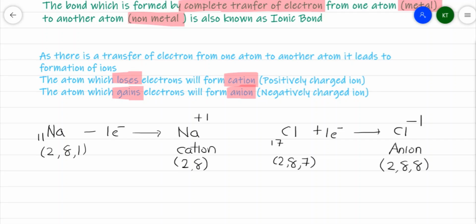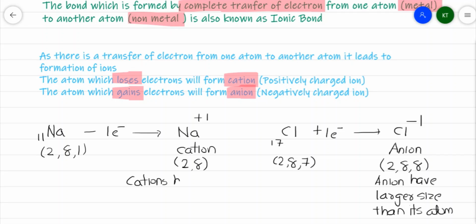So that's the reason anions have a larger size than their atom, and cations have a smaller size than their atom.